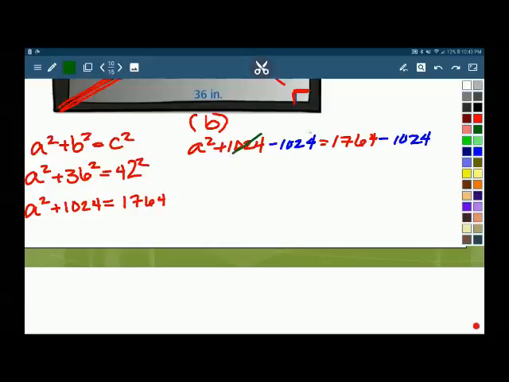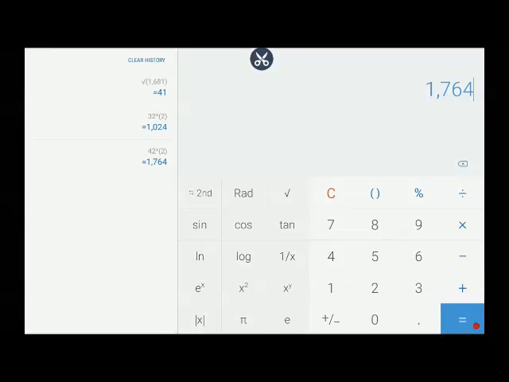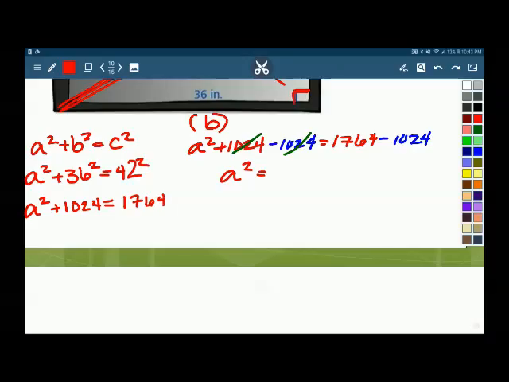That makes it 0 on the left side. That's exactly what we want. We have left A squared is equal to, I'm going to go to my calculator again. I already have 1764 in there, so I'm just going to subtract 1024, giving me 740. So A squared is equal to 740.